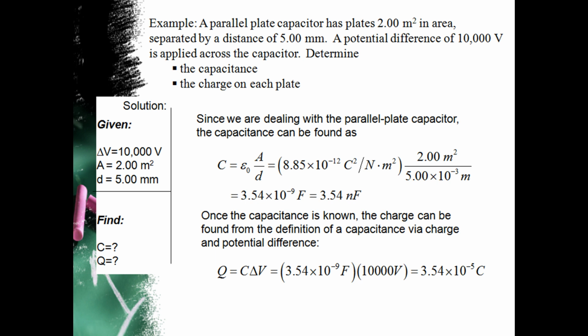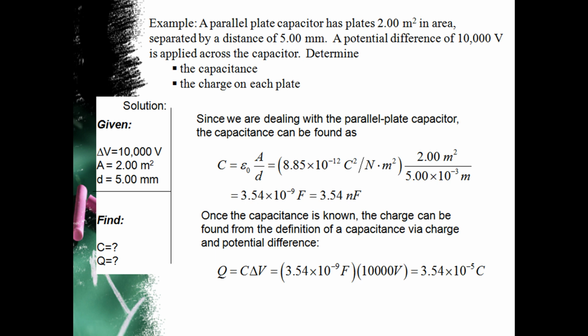We already have the capacitance, and we are asked to determine the charge on each plate. If you still remember, the formula of the capacitance is capacitance equals the charge over the potential difference, so C equals Q over V.